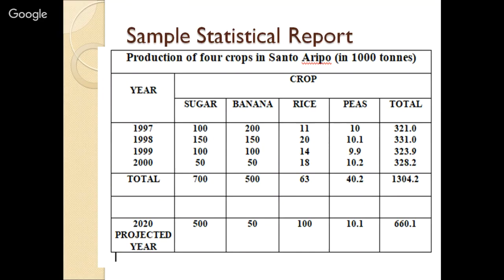All right. So we're going to quickly analyze this table, and then we're going to look at a sample statistical report based on this, right? So production of 4 crops in Santa Aripo in, I think, 1,000 tons.